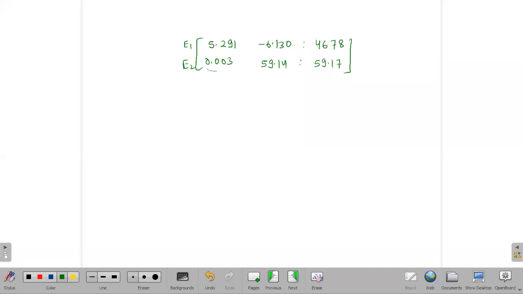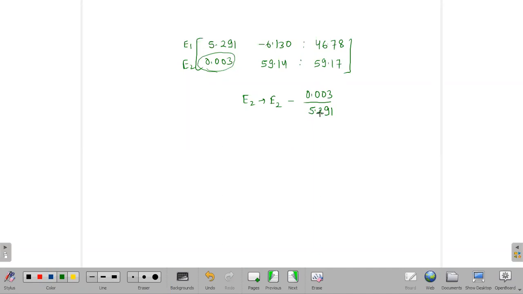Now make this element 0. So E2 minus, divided by, now we have made this element the pivot element. This is larger than this element. So 5.291 and 0.003, you will get less error because we are dividing by the larger number.